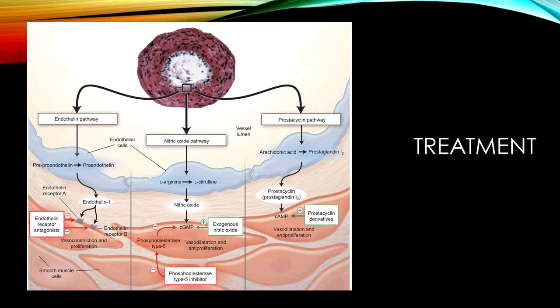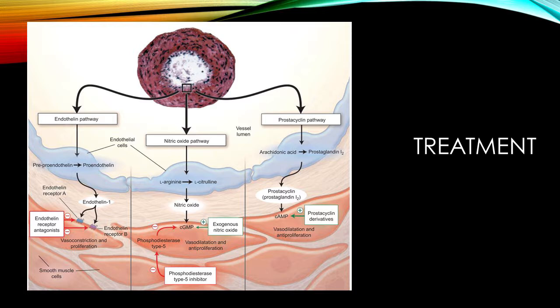This was the slide that we saw at the very beginning, and I told you that we would come back to this to talk about treatment. Most of the treatment options we have now are medicines that fall into the class of endothelin receptor antagonists, phosphodiesterase type 5 inhibitors.